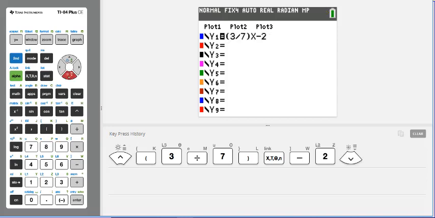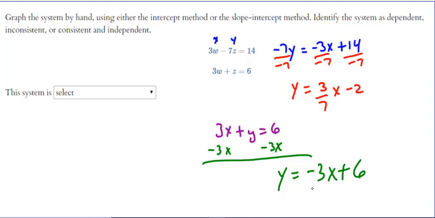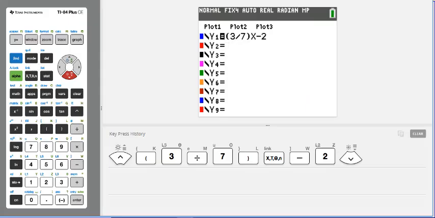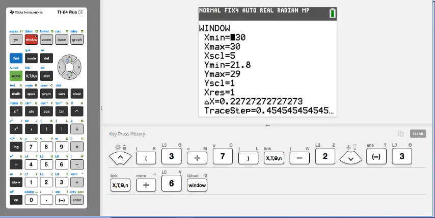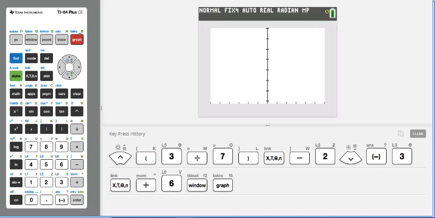That's in y1. Now in y2 we'll put negative 3x plus 6. So negative, 3x plus 6. And then I got a negative 30 to a positive 30 for the window. We'll leave it like that, okay? And just hit graph.